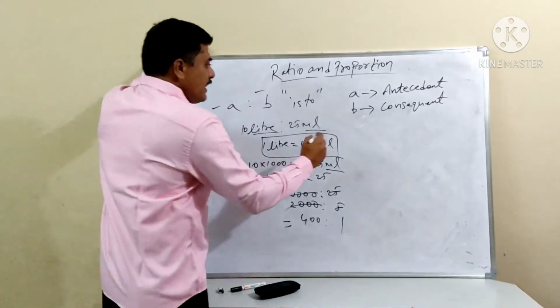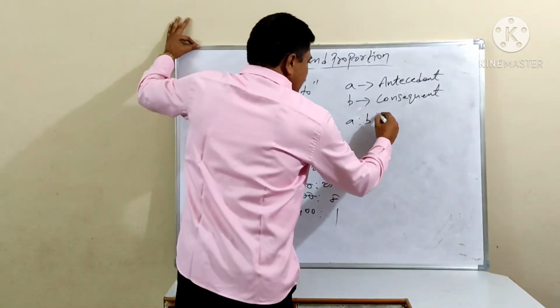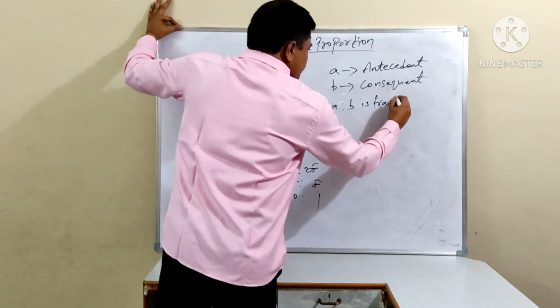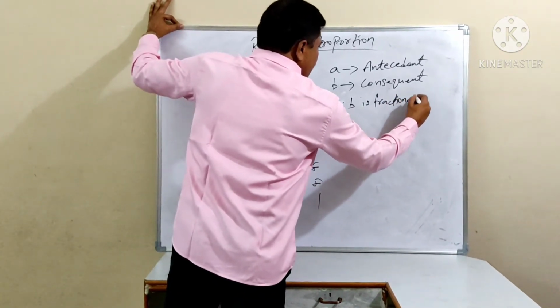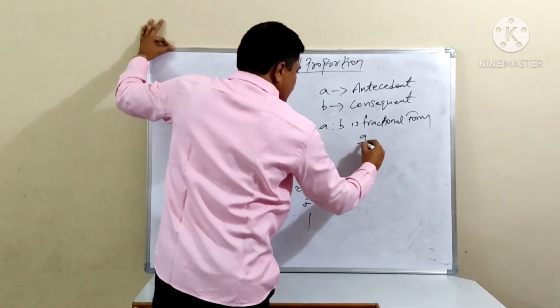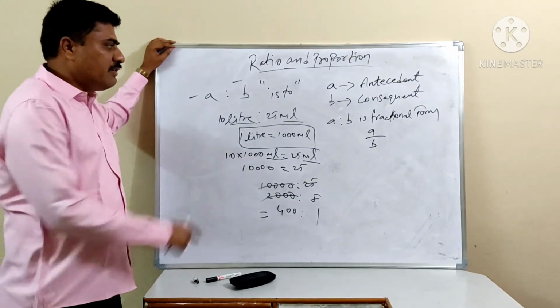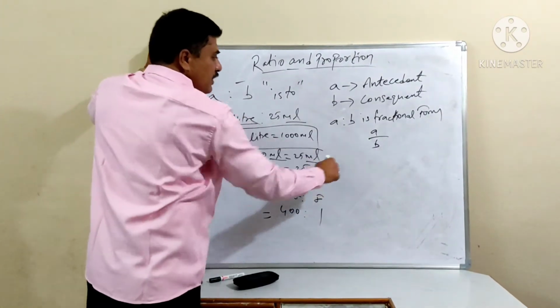So ratio A is to B in fractional form means as a fraction it can be written as A by B. As a fraction we can write. So division is also possible here.